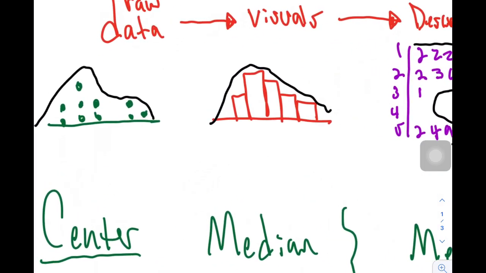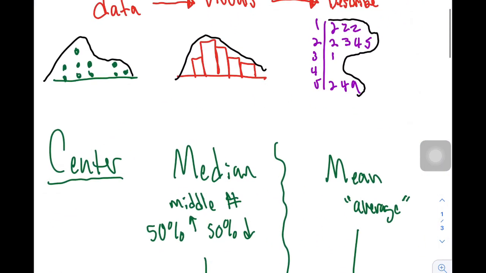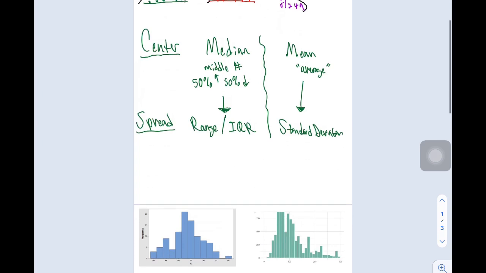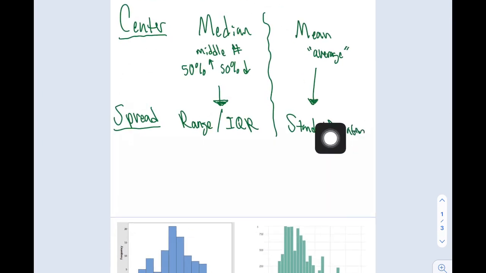So like, let me see back up here. These are not great examples. We'll definitely define standard deviation a lot better in coming lessons. For now, just remember that for data distributions, shape, center, and spread.